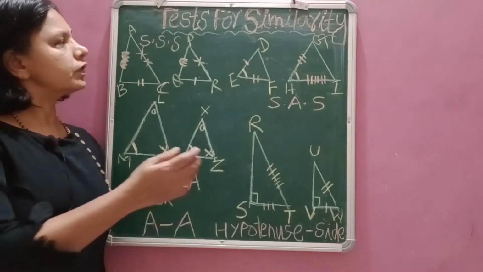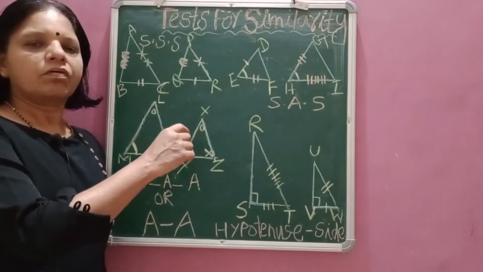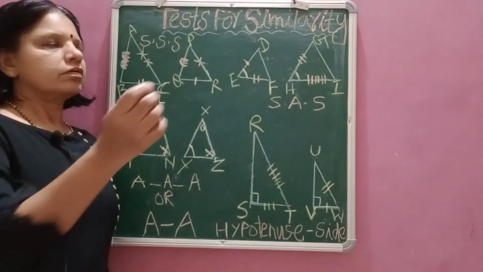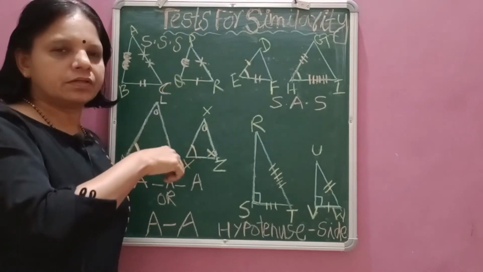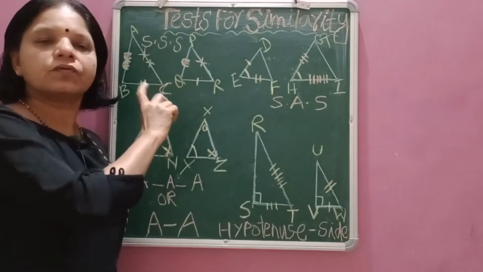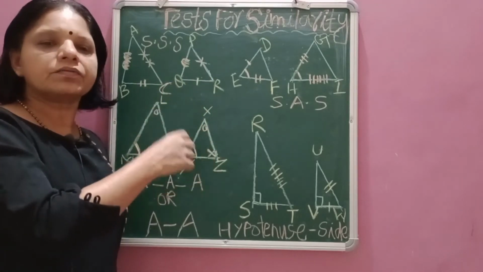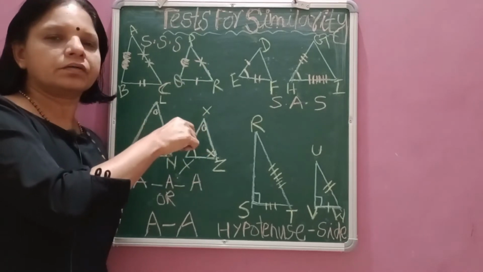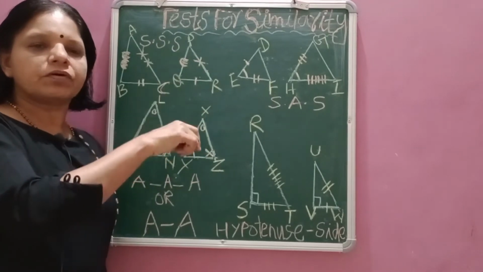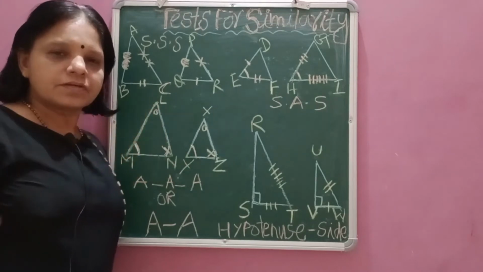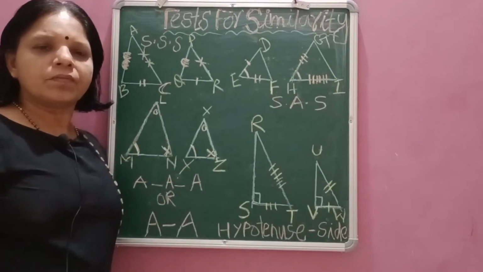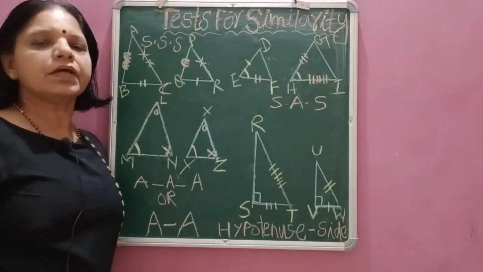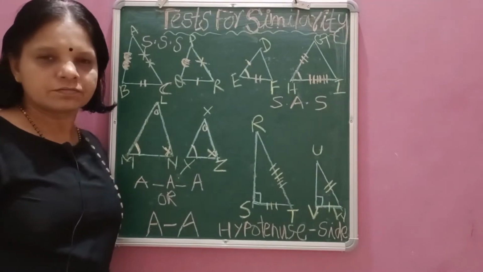But what is the difference of those 6 necessary conditions from the test for similarity? These are also the conditions for similarity. What is the difference? These tests for similarity are the conditions for similarity such that if some of the necessary conditions are satisfied, the remaining will be automatically satisfied.